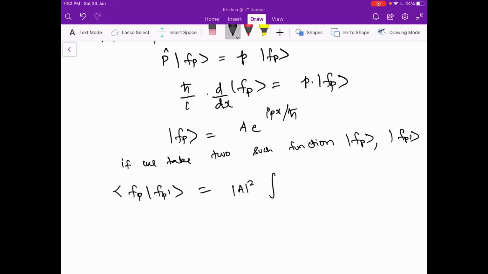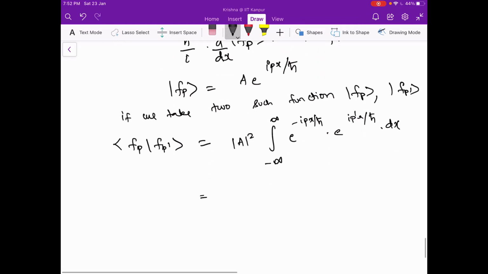A star, integral from minus infinity to infinity, e to the power minus i p x by h bar, times e to the power i p dash x by h bar, dx.